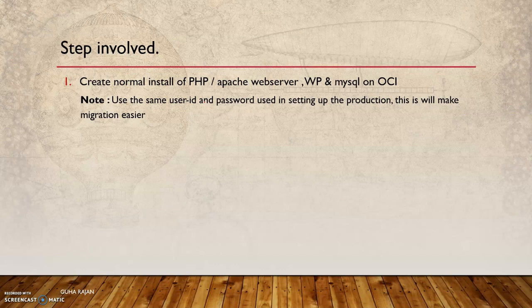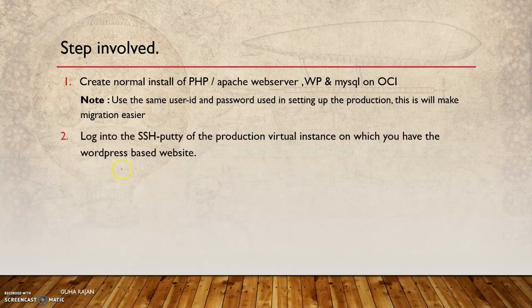Then make it point to the IP address, have a DNS entry for that IP address, and it will work. Otherwise, if you want to keep it as an IP address itself, you can do so as well. So the first step is to create that development environment with the user ID and password, just like production.